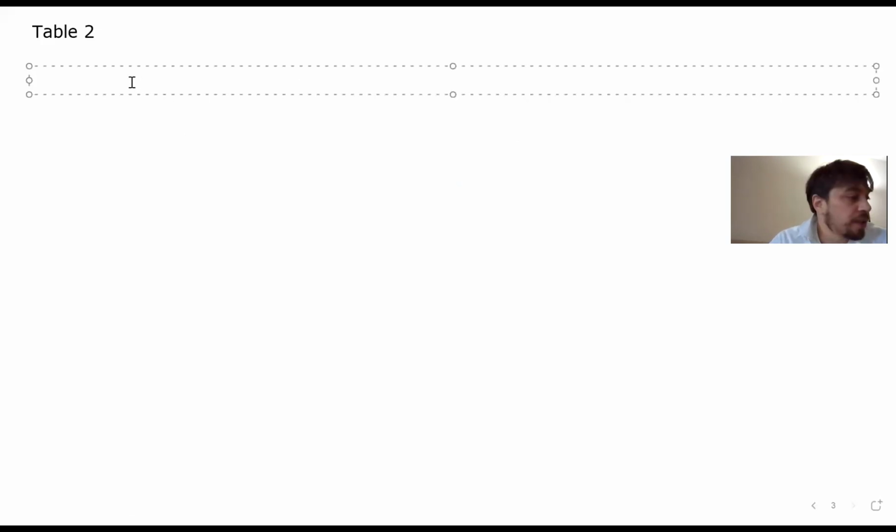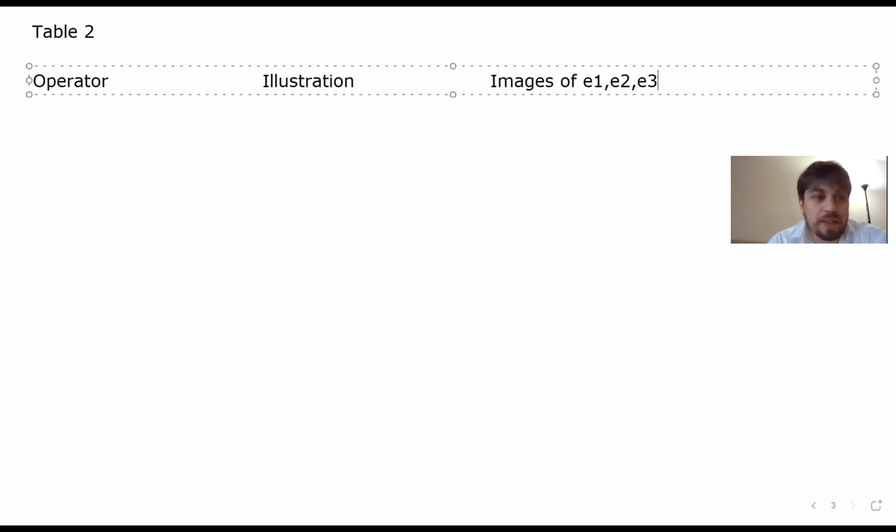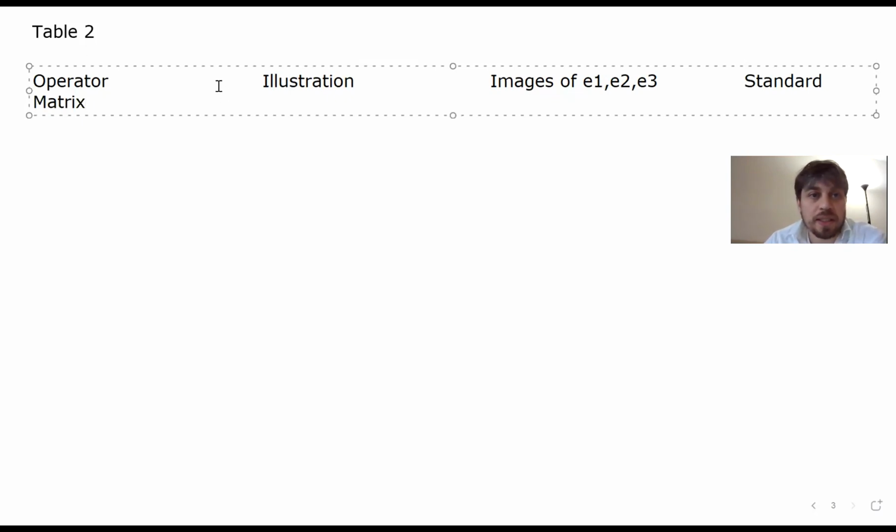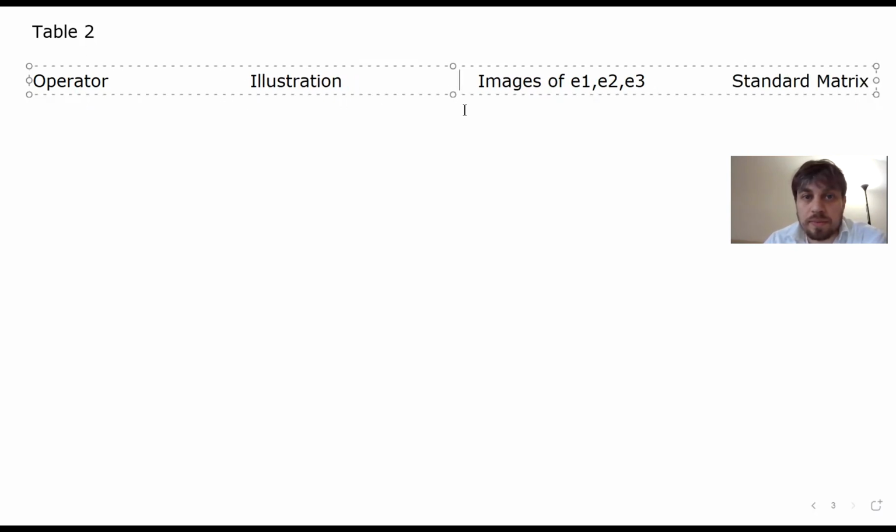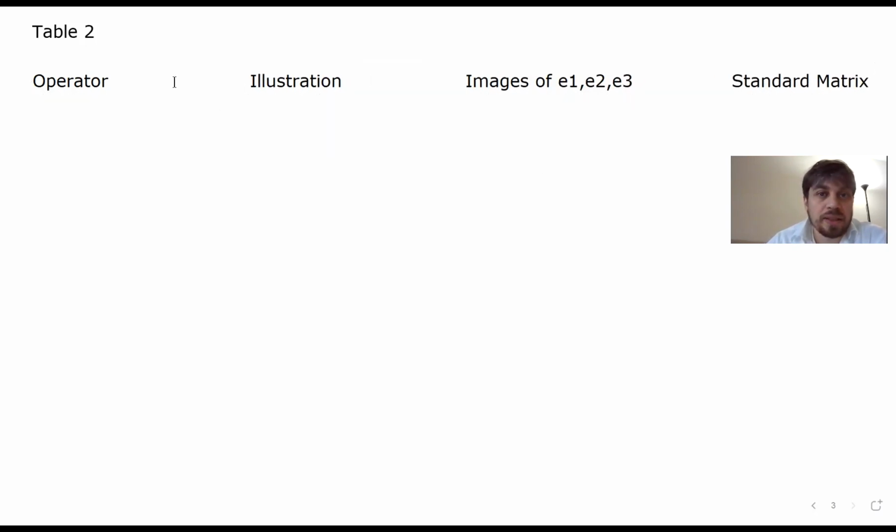So we have the operator, we have the illustration, the images of E1, E2, and E3, and now we have the standard matrix.